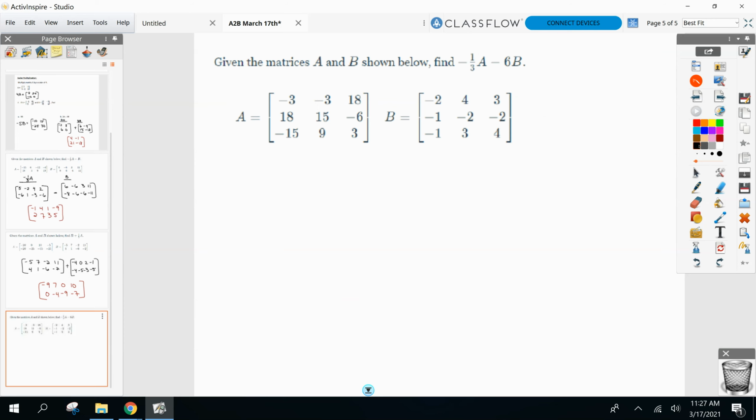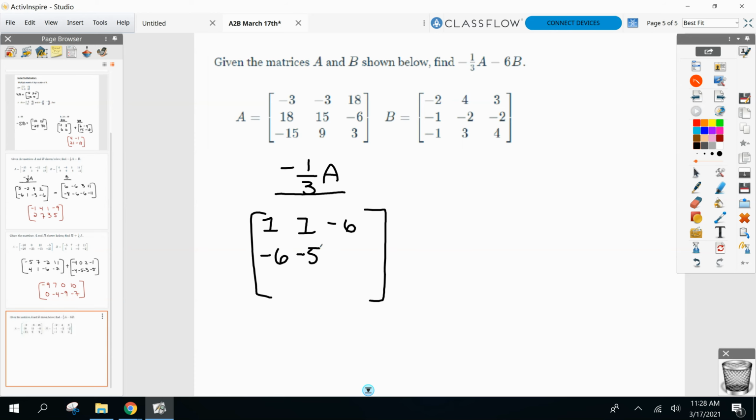That's not the issue. Okay, so there's negative 1/3 A.